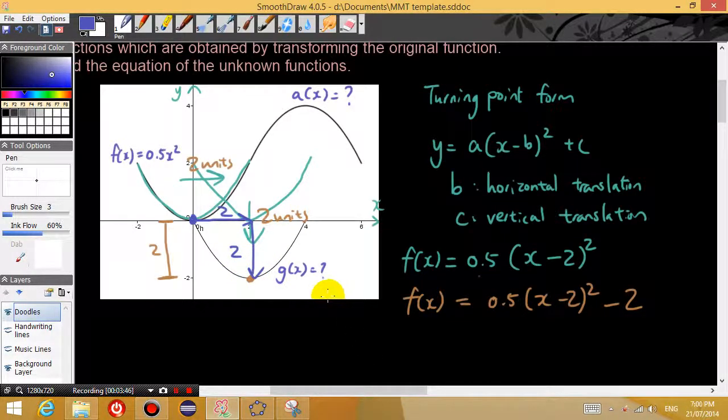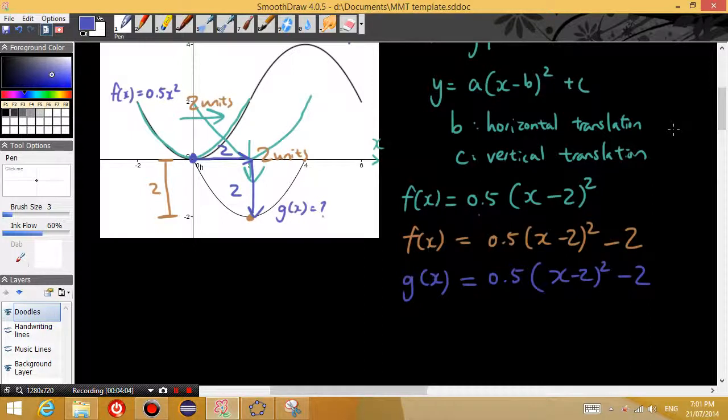Okay, so now g of x has the equation 0.5(x minus 2) squared minus 2. Okay, now remember we have to set a domain, right? Because notice how this line stops at this point and at this point.